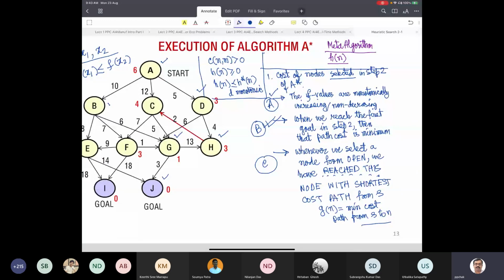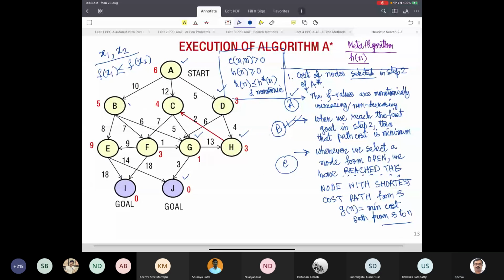So whenever we remove a node from open, the g(n) value of that node is minimum.